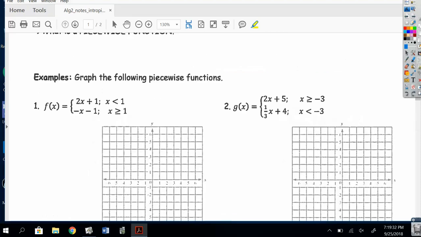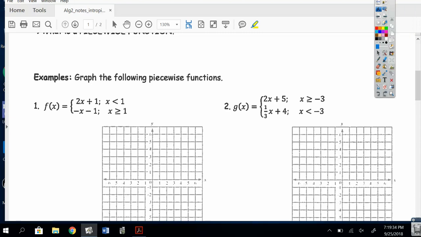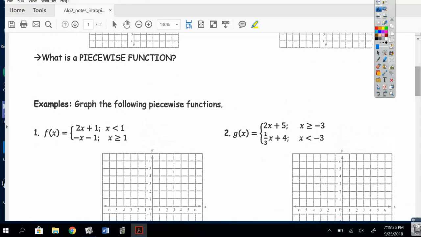So I can scroll. What is a piecewise function? So I'm going to go ahead and highlight what is a piecewise function. Technical glitches here, sorry about that.